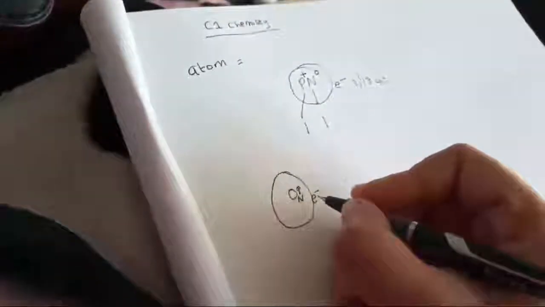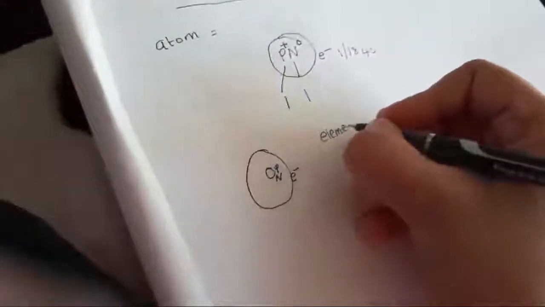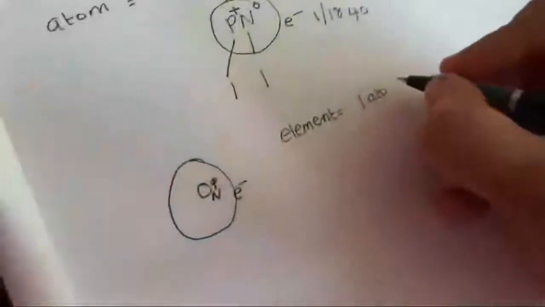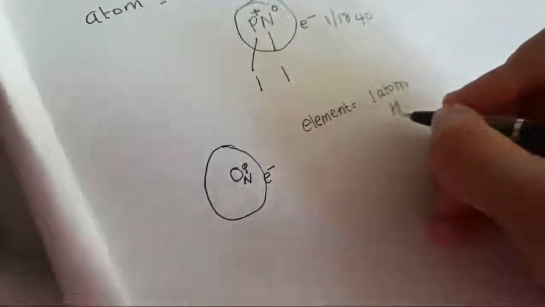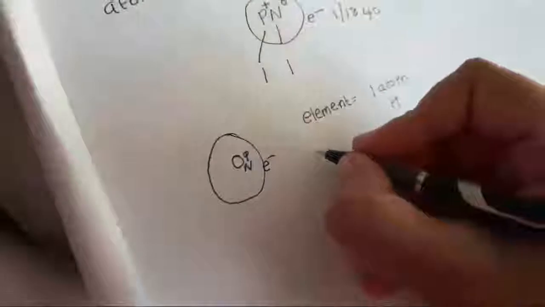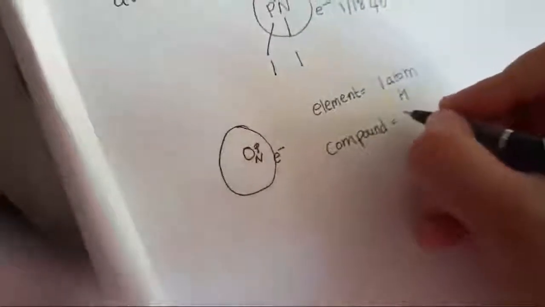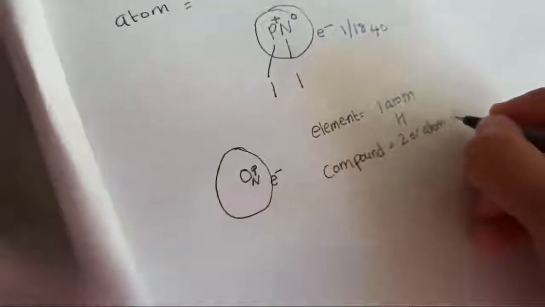Now, also they might ask you what is an element. So an element is one type of atom. Example of that is hydrogen. Or anything on the periodic table is an atom. So a compound is two or more atoms joined together, bonded together.